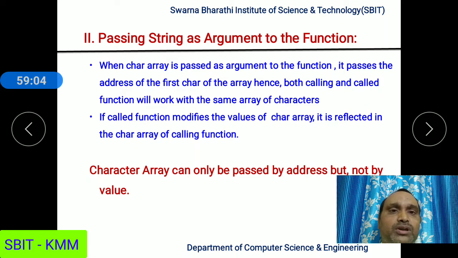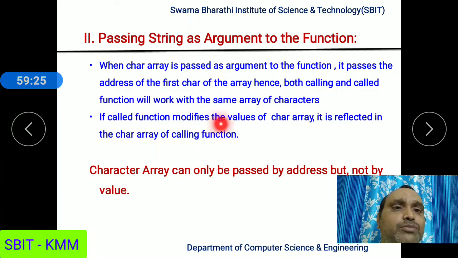Before going to the program, remember, as we discussed the points in one-dimensional array, the same points are mentioned here. When a character array is passed as an argument to a called function, it passes the address of the first character of the array. Hence, both calling and called functions will work with the same array of characters.